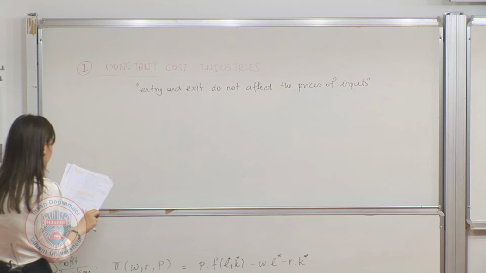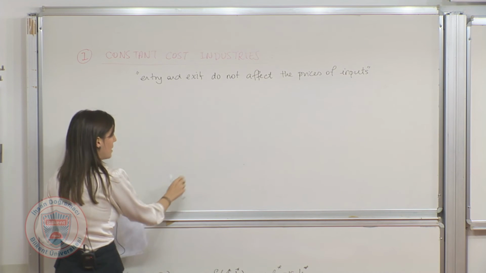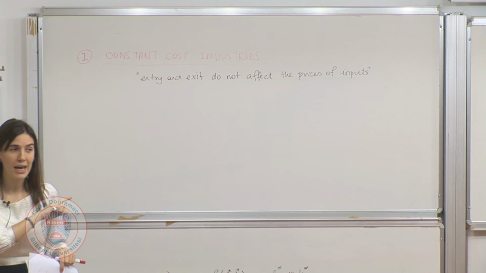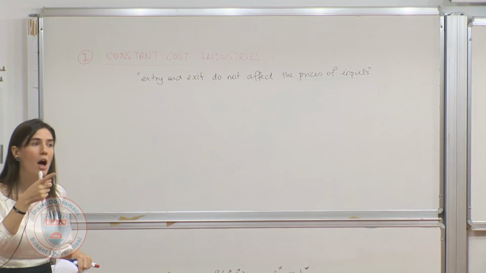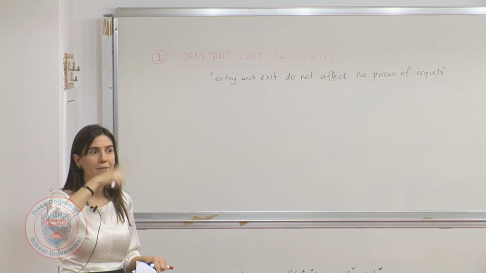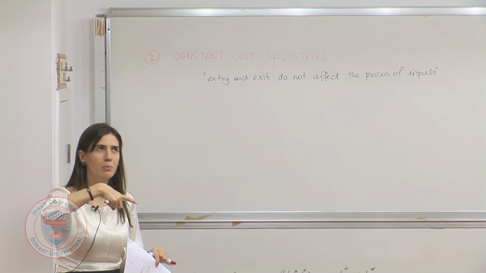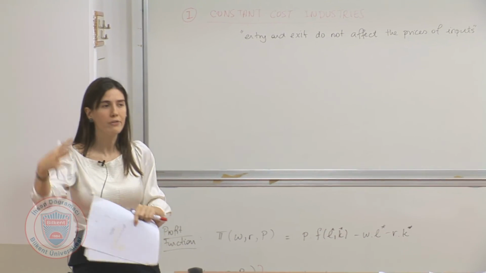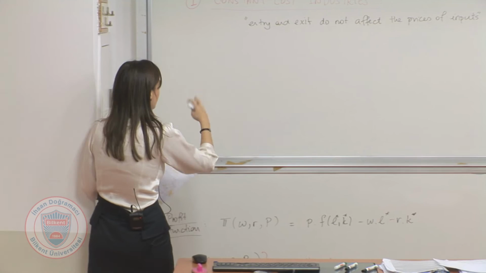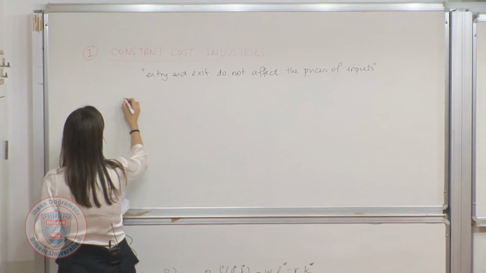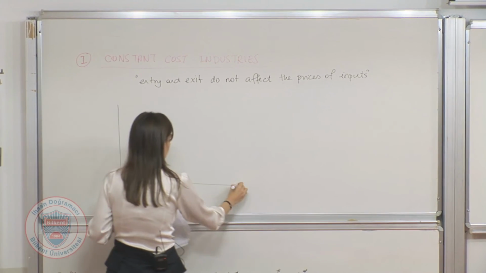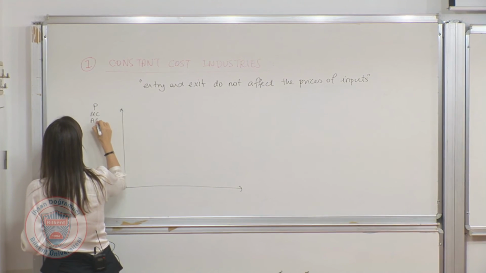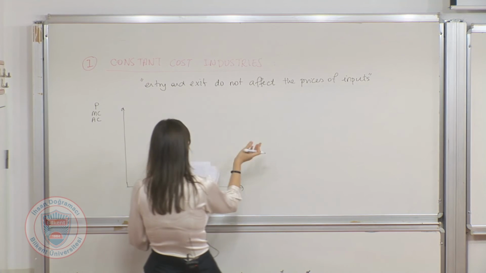Now, what I will do is draw two graphs in this case, but when we have non-constant cost industries, I'm going to have three graphs. One is going to be the firm before entry, one is going to be the firm after entry, one is going to be for the market, okay? But here, I'm going to have just one firm and one market. So let's do this. Here I'm going to put price, marginal cost, average cost, short run, long run.